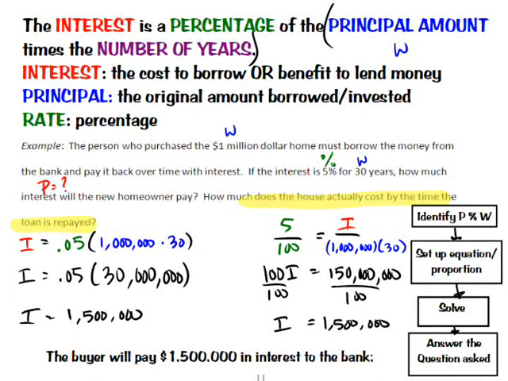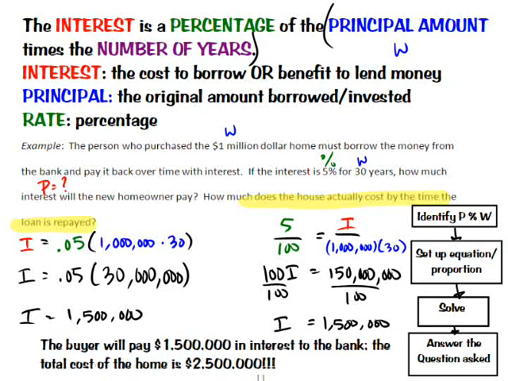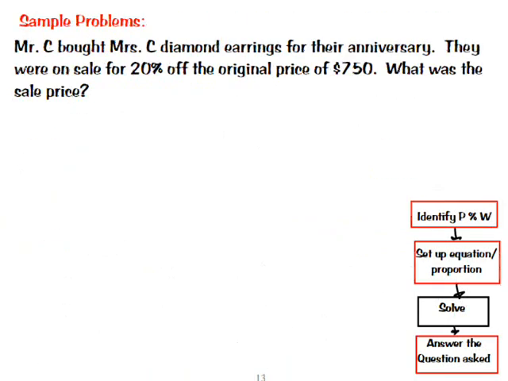And that would be the cost of the house at $1 million plus the interest at $1,500,000. So the total cost of the home is in fact $2,500,000.